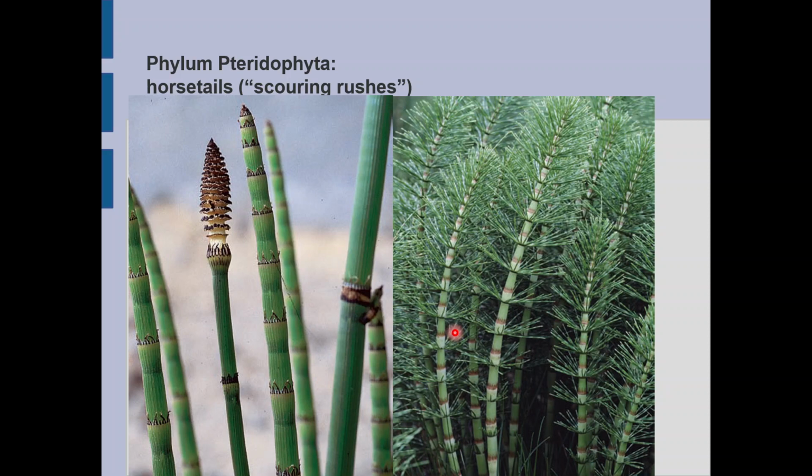The horsetails have true roots, stems, and small leaves. The erect stems arise from the perennial rhizomes that also bear roots.